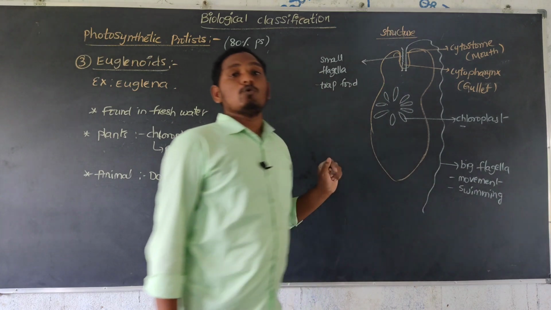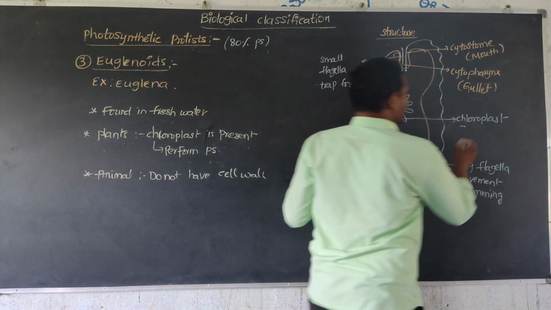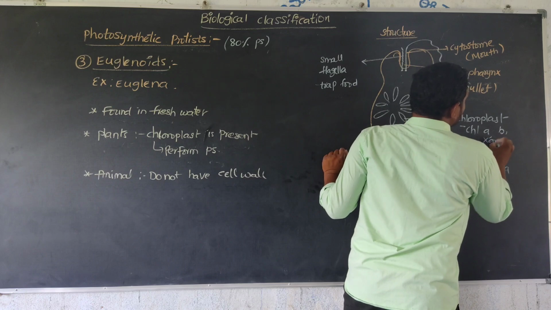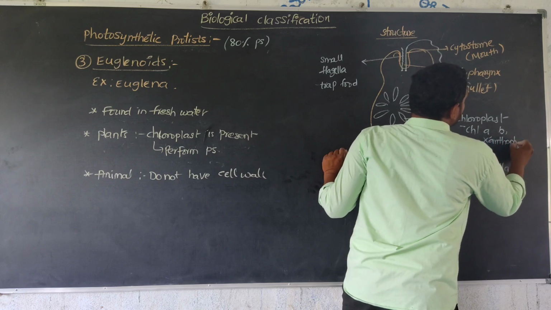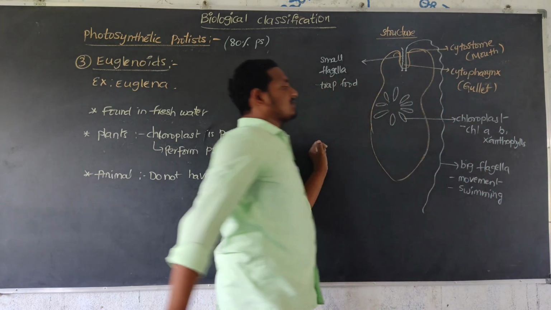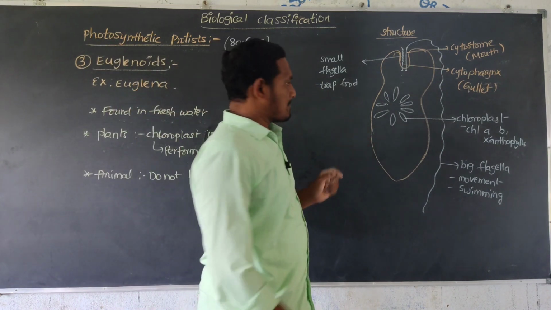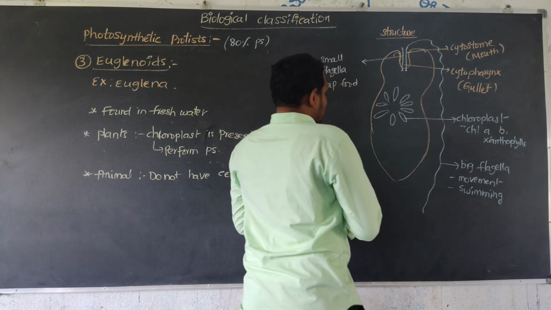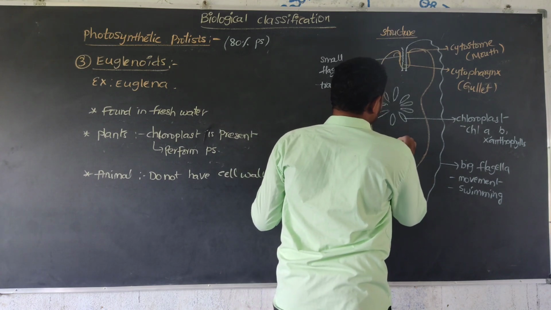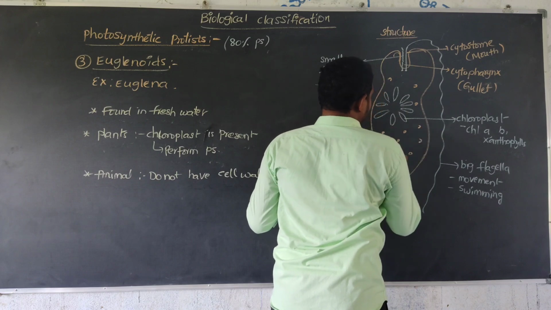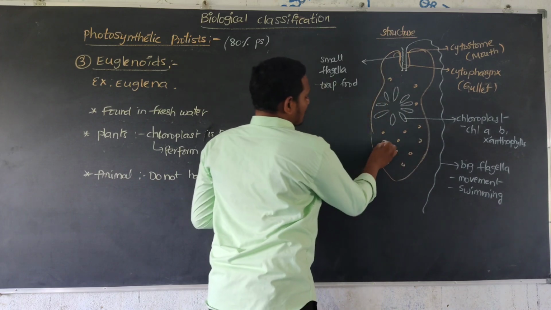This chloroplast mainly contains chlorophyll A, chlorophyll B, and xanthophylls. Next, inside, granules are present like food materials.